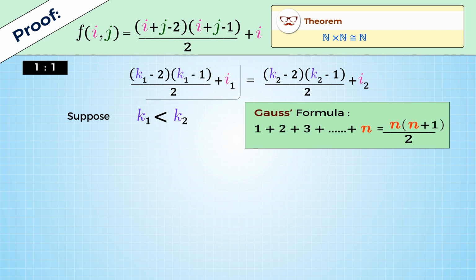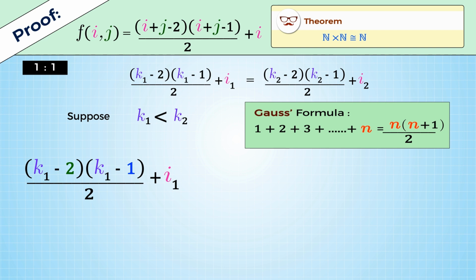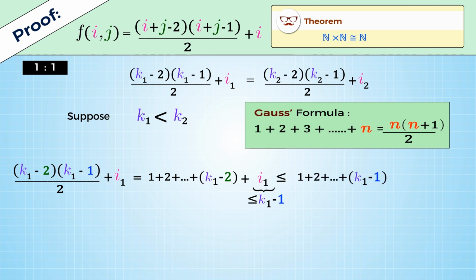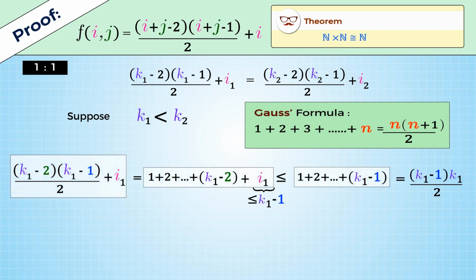By Gauss's formula again, we can bound the left-hand side. (k1-2)(k1-1)/2 plus i1 is equal to 1 plus 2 up to k1-2, plus i1, which we know is less than or equal to k1-1. So this whole expression is less than or equal to 1 plus 2 up to k1-1, which by Gauss's formula is just (k1-1)k1/2.